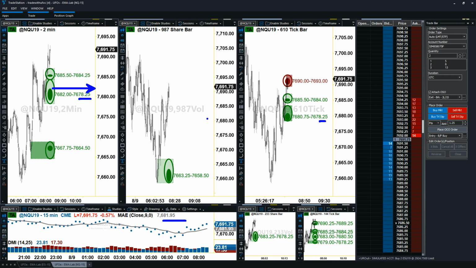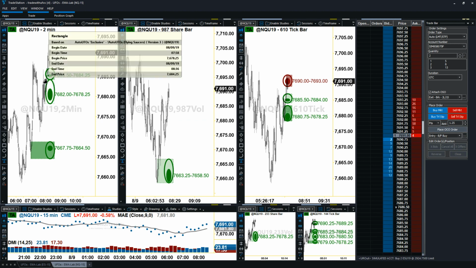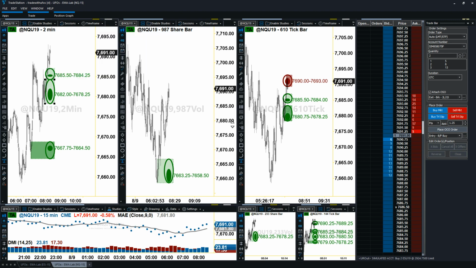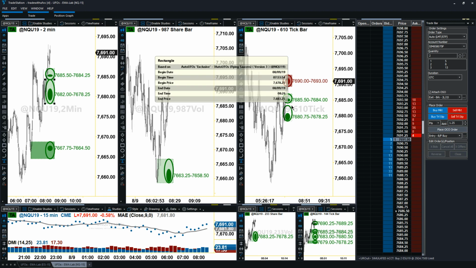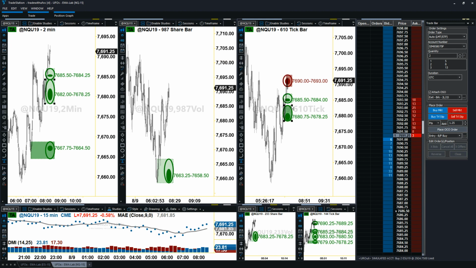Around 82 we got nothing. So what is the top of this UFO? The top of this UFO is 84.25, and what is the top of this UFO? 83.25. Okay, so I'm gonna go for 83.25, just shaving a little bit of risk off the trade.